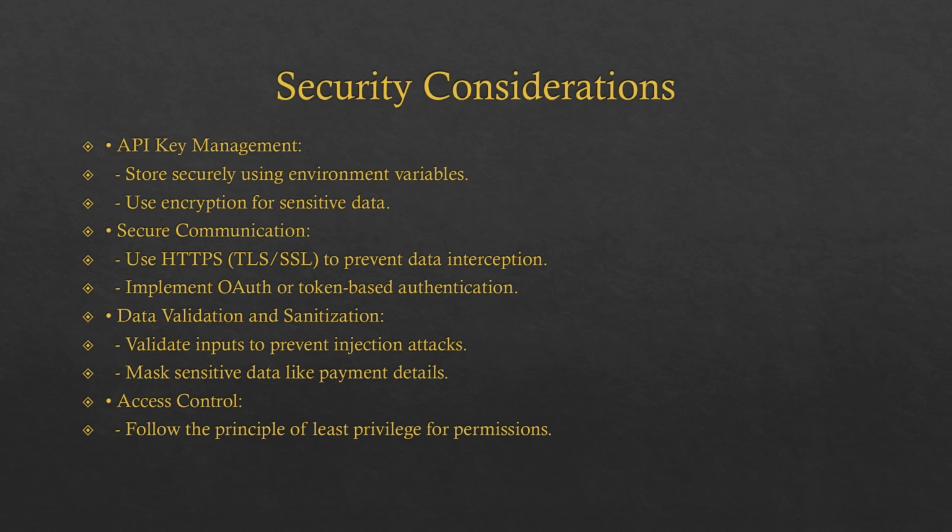Implement OAuth or token-based authentication to safeguard access to APIs, and always validate and sanitize inputs to prevent injection attacks. Also follow the principle of least privilege when setting access controls to minimize exposure to sensitive data.